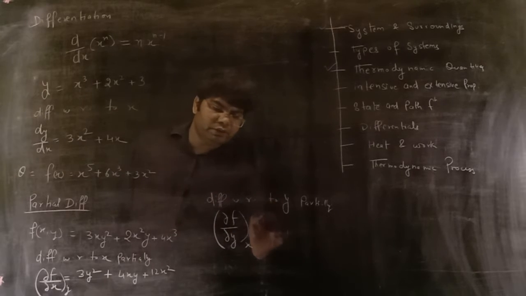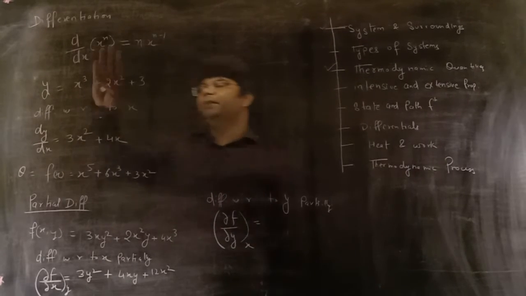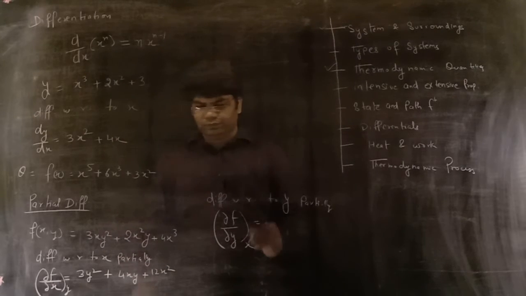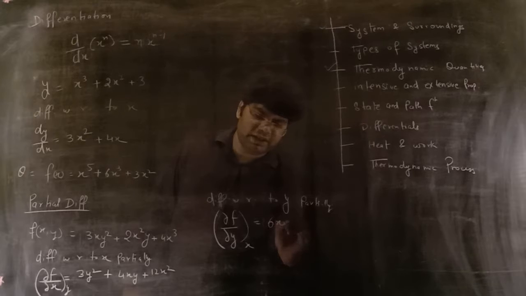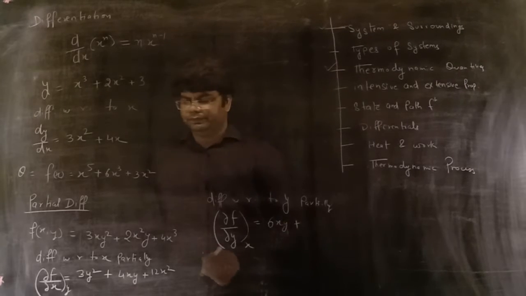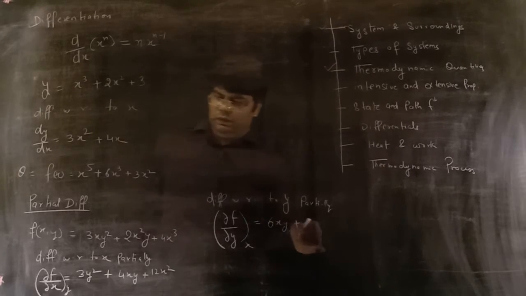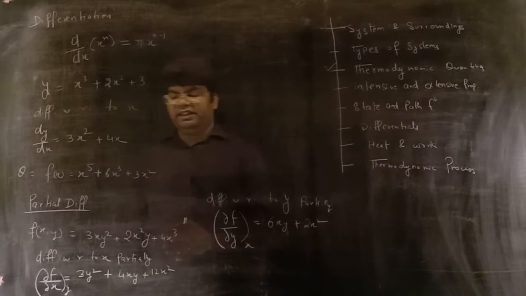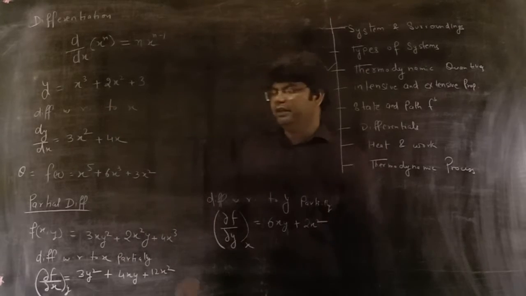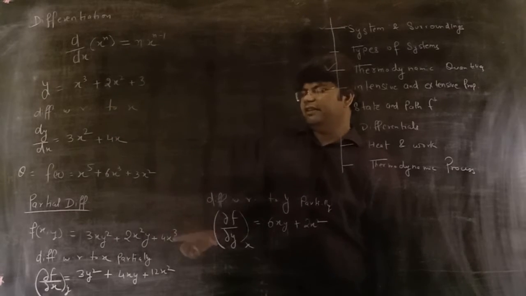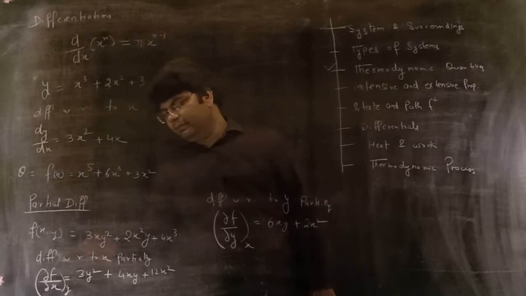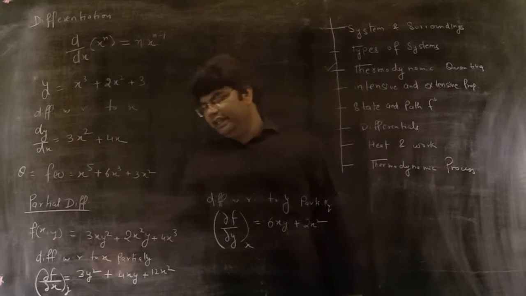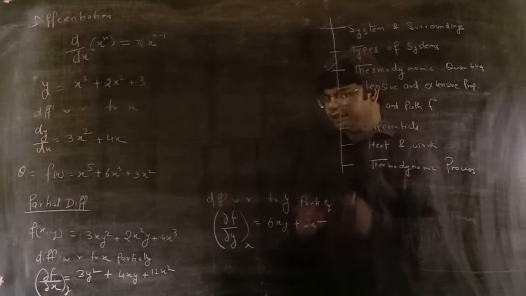Just use this formula and take y as a variable and x as constant. So 6xy plus 2x square, and this will be 0. So I have made a partial differentiation of this function with respect to x and with respect to y, taking y as a constant in one case and x as a constant in the other.